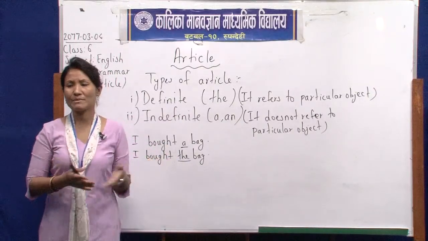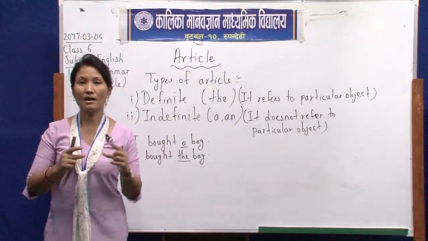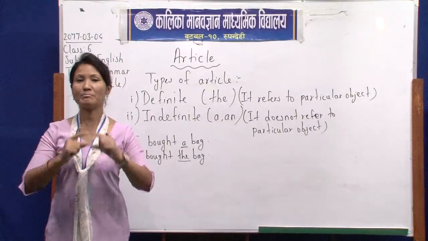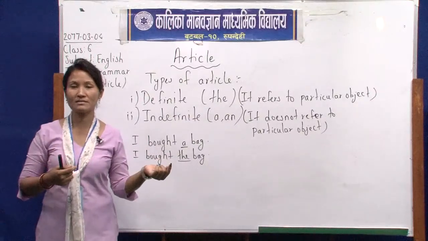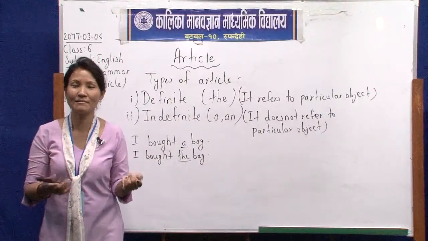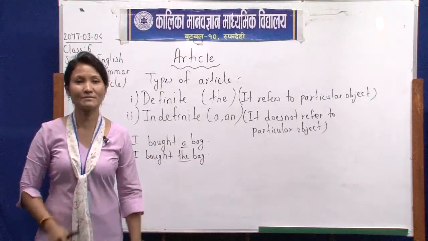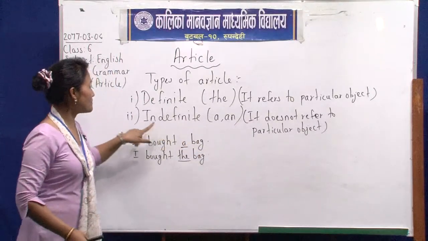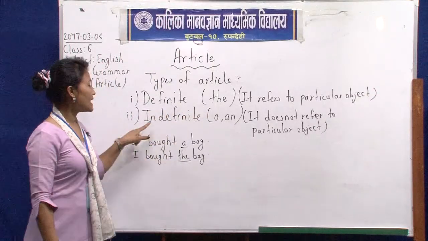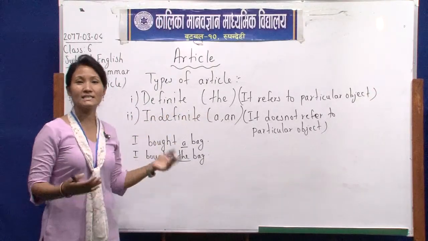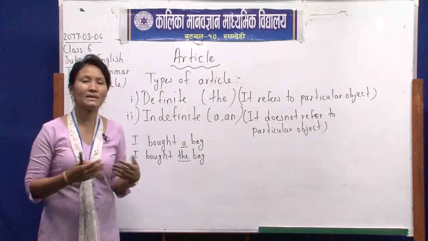Okay, a bag means any normal bag, but the bag means one particular bag. Now I bought the bag means, you know that, yes, which bag? Yellow bag, which was very expensive. So in this way, definite article, it refers to particular object. Indefinite article, it does not refer to particular, it may be any.